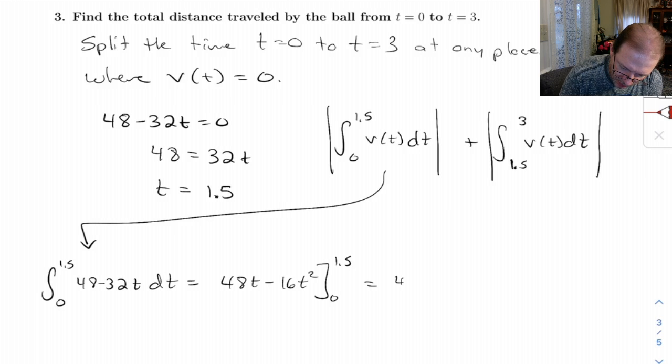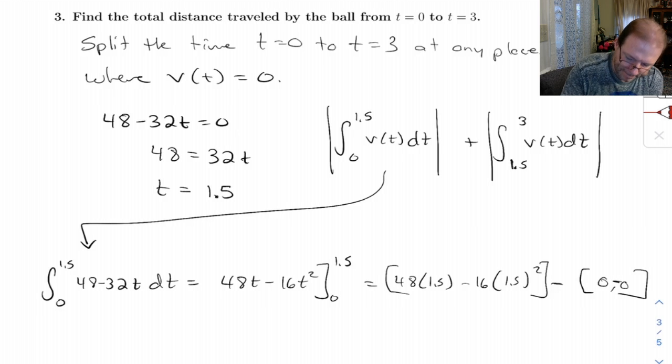If you plug that in, you get 48 times 1.5 minus 16 times 1.5 squared. Then you plug in the 0, you just get 0. So what is this? 48 times 1.5 minus 16 times 1.5 squared. Sure enough, it gives me 36.